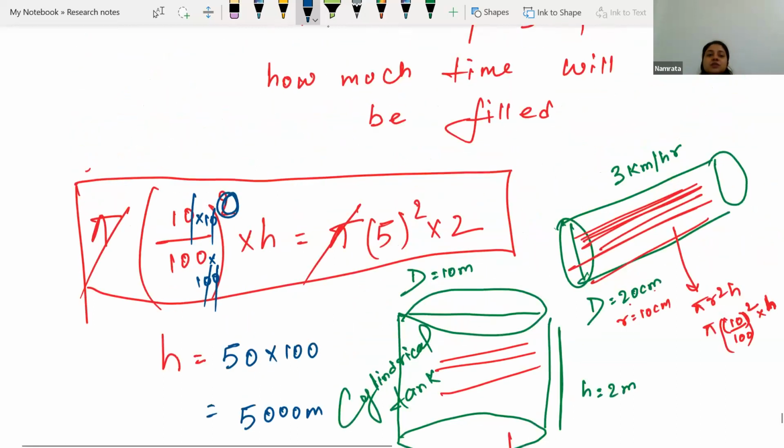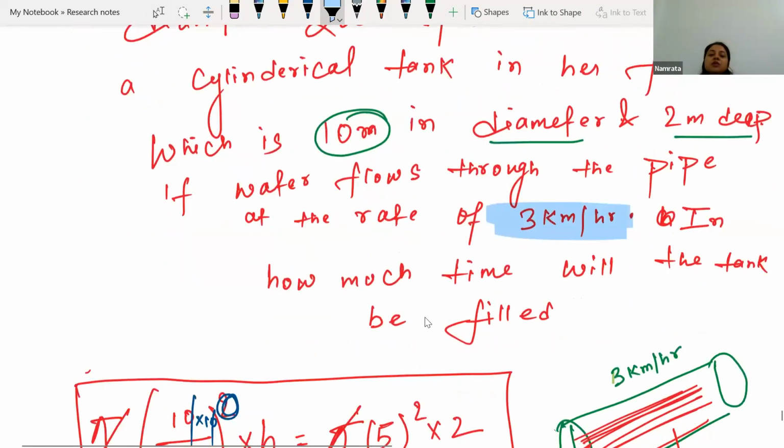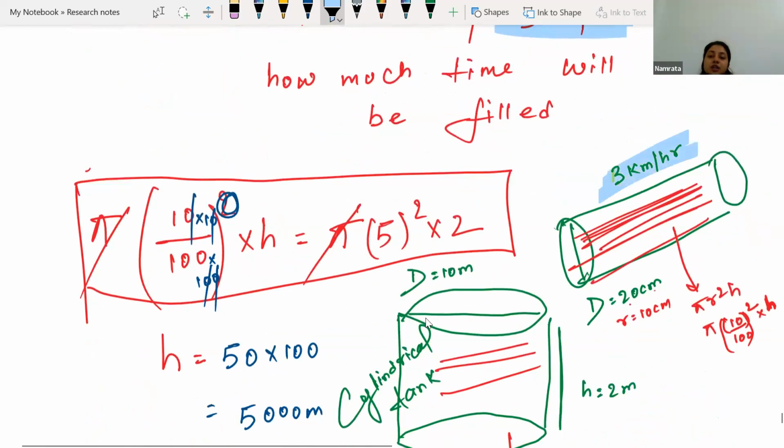Now one piece of information is given over here, that the water which is flowing through this pipe is at 3 kilometer per hour. Here it's written that the water flows through the pipe at the rate of 3 kilometer per hour, that is, in the pipe the water is flowing at the rate of 3 kilometer in 1 hour. So how much water do we need?